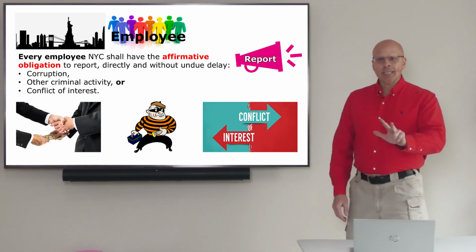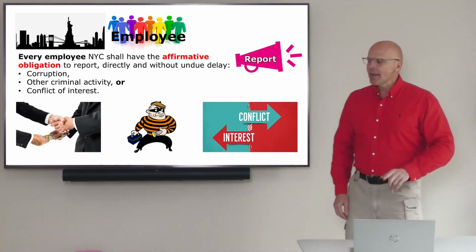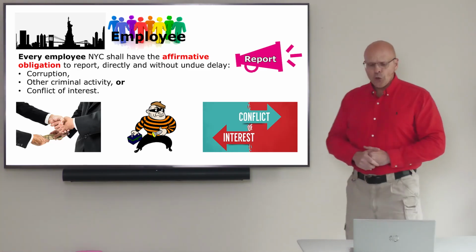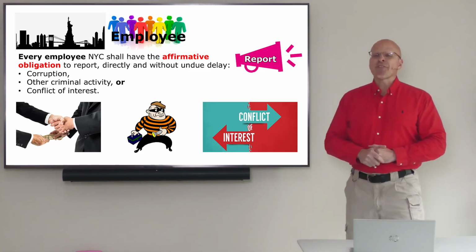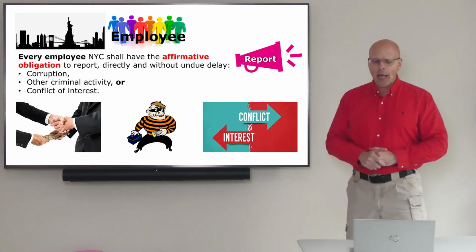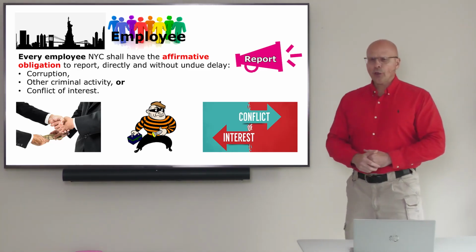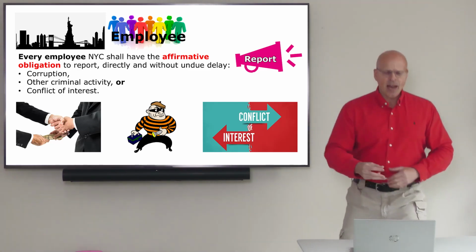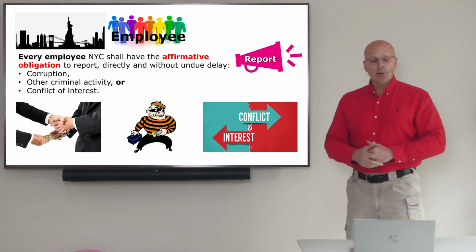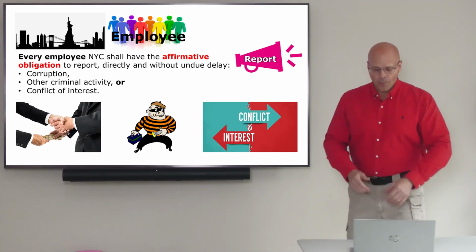So over the next 3 slides, we're going to tell you everything you need to know about this executive order. Every employee of New York City shall have an affirmative obligation to report directly and without undue delay 1. Corruption, 2. Other criminal activity, and 3. A conflict of interest. That's right. Now, who does this apply to?